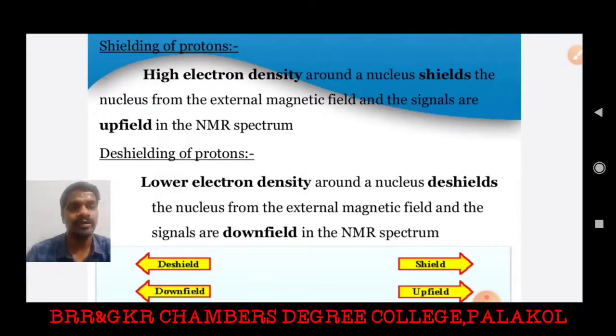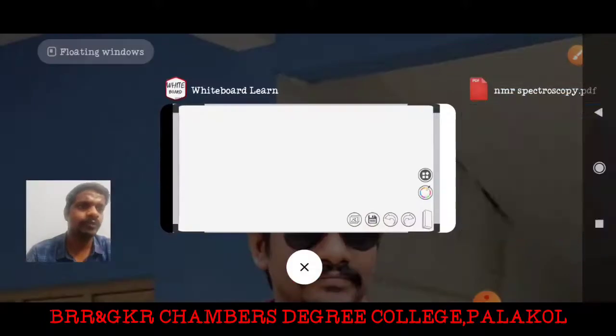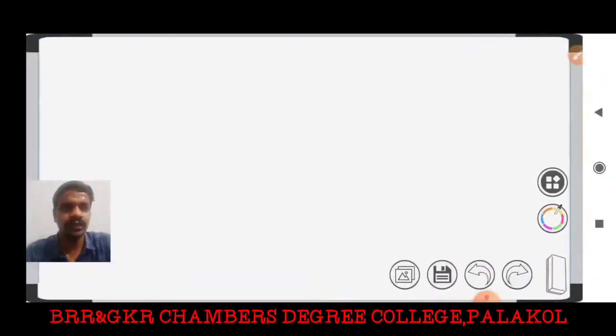So let us discuss this on the whiteboard. What is NMR? Nuclear magnetic resonance spectroscopy. In nuclear magnetic resonance spectroscopy, the nucleus undergoes transition from one nuclear spin state to another nuclear spin state by absorbing radio frequency radiation. Here we have the nucleus.